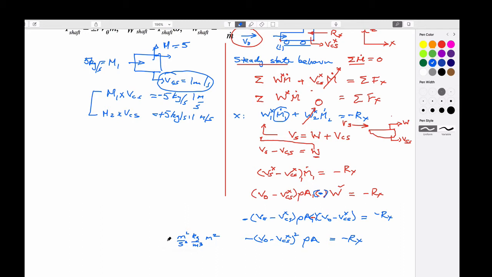And so we have meters cubed, meters, kilograms over meters cubed per second squared. And if you start getting rid of terms, meters cubed go out, and you have kilograms meters per second squared, which is by definition of Newton, right? So it's force. So the right units at least.